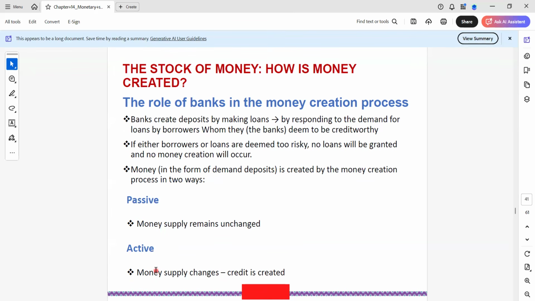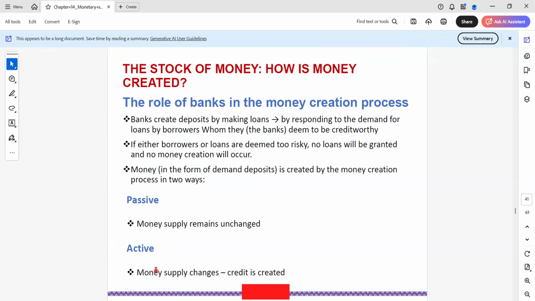Because active balances relate to the speculative motive, the function of using money as a store of value, where you can keep your money, you can invest your money, right? If the interest rate is high, you keep it at the bank. If the interest rate is low, you take it out because obviously it's not gonna make more money for you, right? So it's best if you take it out when the interest rate is low.